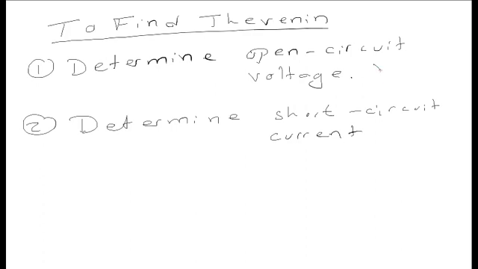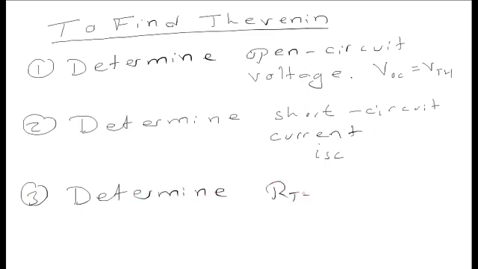If I refer to this as VOC, or VTH, and this is ISC, then step 3: determine our RTH equals VTH over ISC. And that's it. That is how we find the Thevenin equivalent circuit for any circuit that we have.